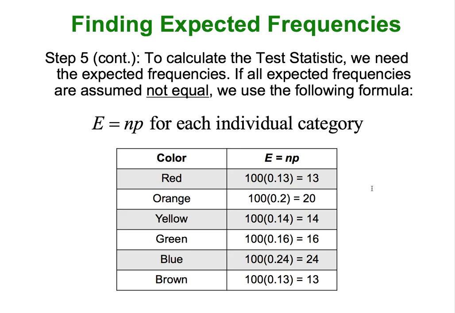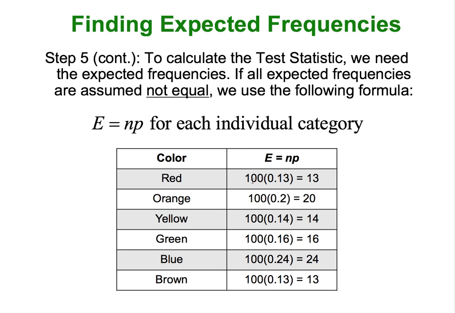And here's how we calculate our expected frequencies. 13% as a decimal is 0.13. We multiply that times the sample size. The sample size is 100 in this case, but it might be 72 or 26 or whatever it is for the question on your take-home.